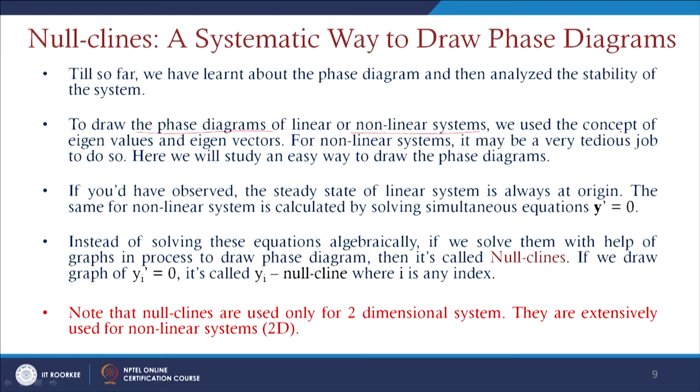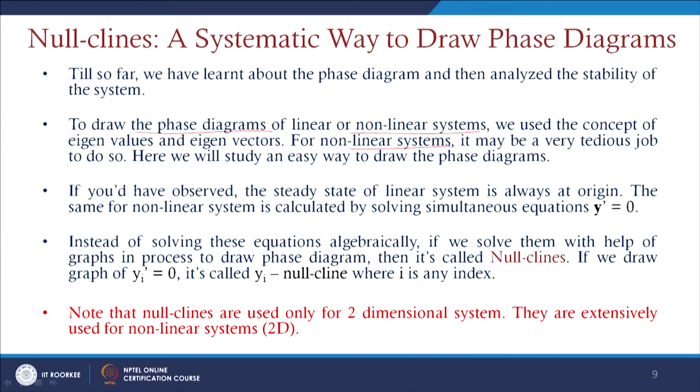We have already discussed that for an uncoupled system we used the eigenvalues, and for a coupled system we used the eigenvectors. For nonlinear systems, we used the Lyapunov function for non-hyperbolic points, and for hyperbolic points we used the same eigenvalues.